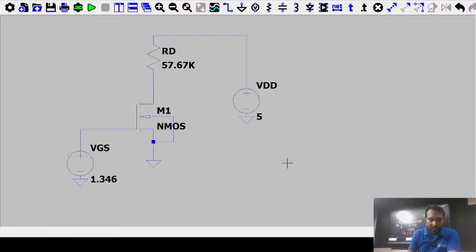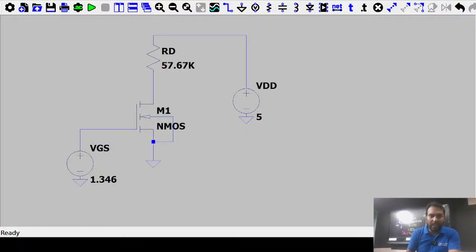So this is that circuit, and now I am trying to set the MOSFET's internal parameters. So I am going for SPICE directive. In a SPICE directive, I am writing the model file, that is .model NMOS NMOS, and I am writing in such a way.